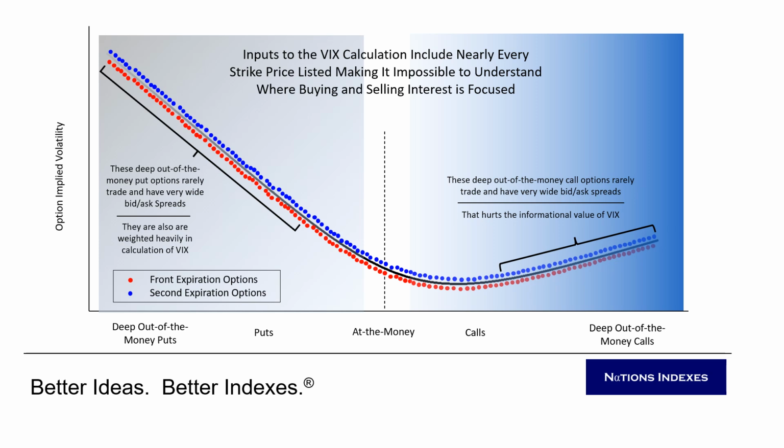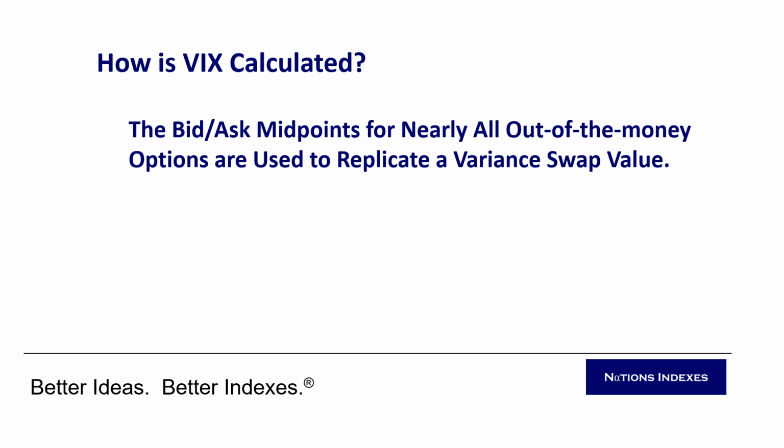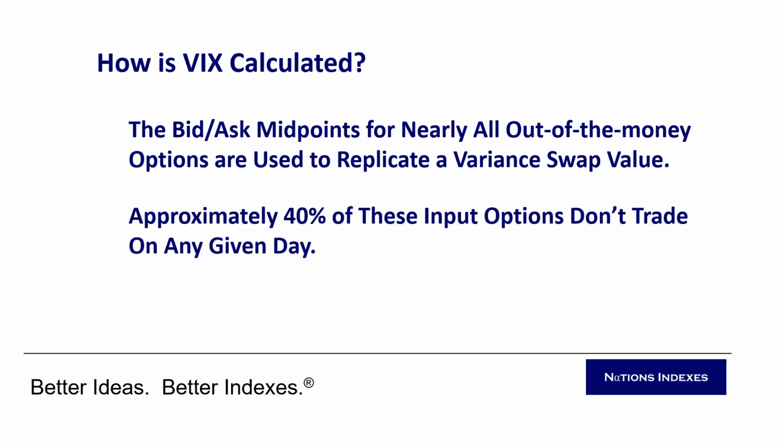We didn't think so. This aspect of the VIX methodology creates other problems for users. First, it uses a variance swap methodology, which is why it uses nearly every strike price listed. On any given day, approximately 40% of the constituents don't trade a single contract.